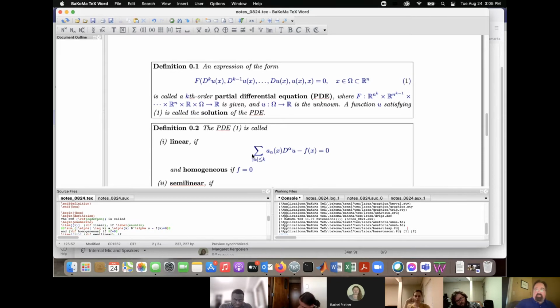Then everything you have here describes your function capital F. So it depends on x through a function little f of x, and it depends on the derivatives of u, but notice that what we have here is not an arbitrary function of the derivatives of u. Rather, we have this linear combination where each of these derivatives is multiplied by a function of only x, and that's called a coefficient.